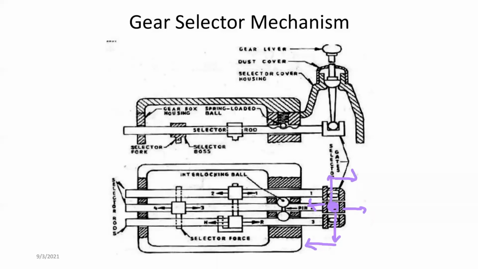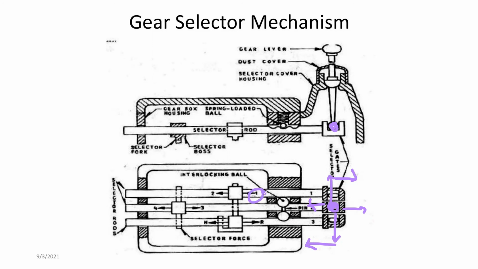Then the bottom ball moves from the center point to the shaft on the top and pushes it backward. When it's pushed backward, the gear is changed to gear number 1.